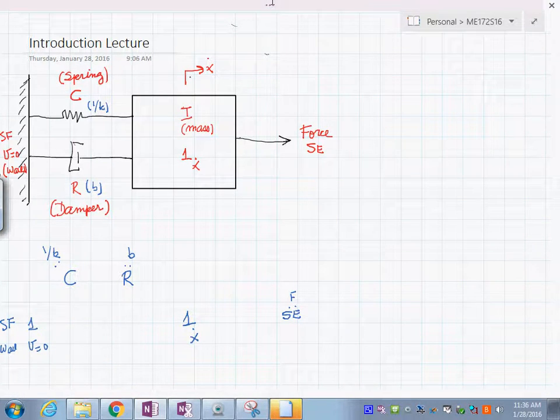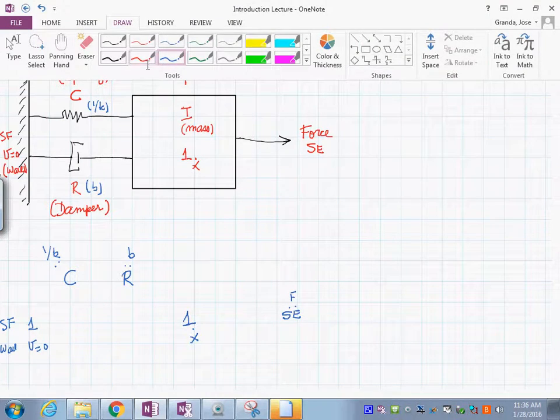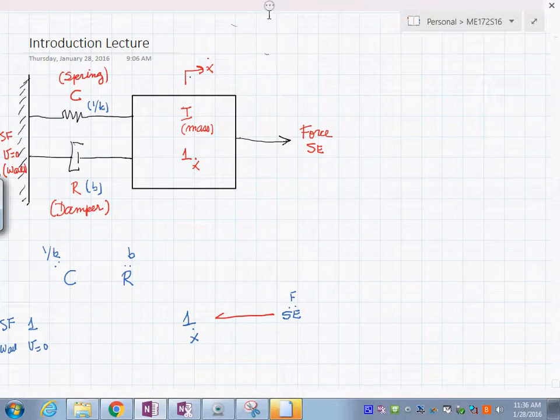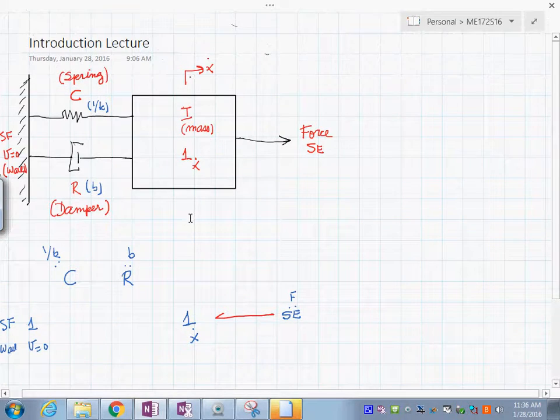But what I would like to do now is say, okay, really the source is the one that originates this velocity, and power goes from the source into the system. Here, I missed writing the mass.